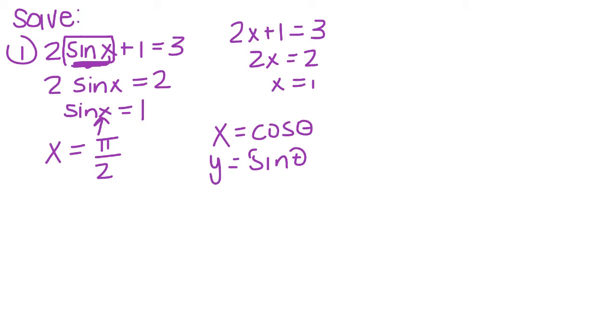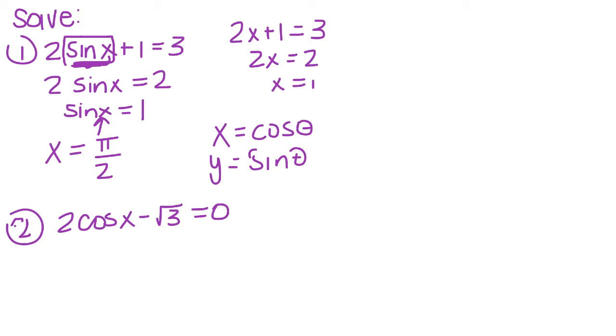Okay, let's try a second one then. The second one's going to be 2 cosine x minus root 3 equals 0. So we're solving for x.